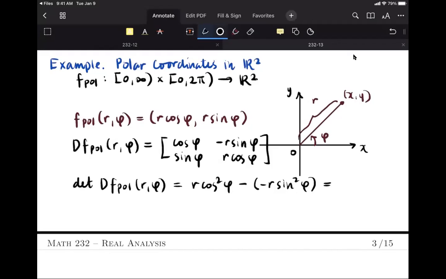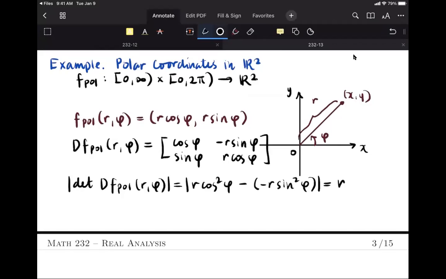And the classical Pythagorean identity for the sum of the squares for cosine and sine yields that this is r. And of course, since r is non-negative, we have this.